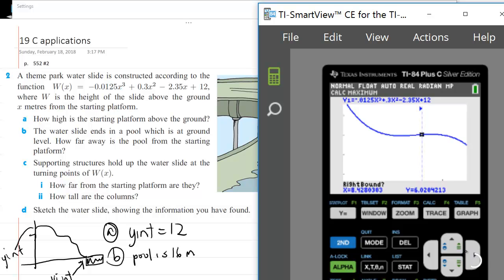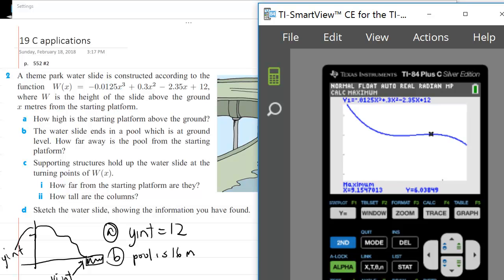So that's the left side. Right side. We're guessing. There's the middle. All right, so this one is 9.15 and 6.04.